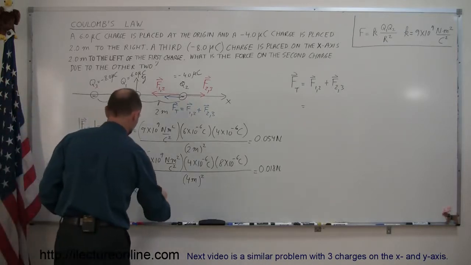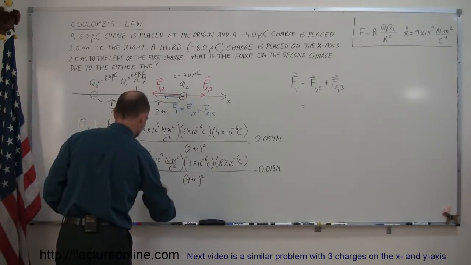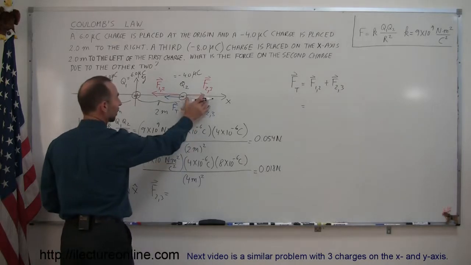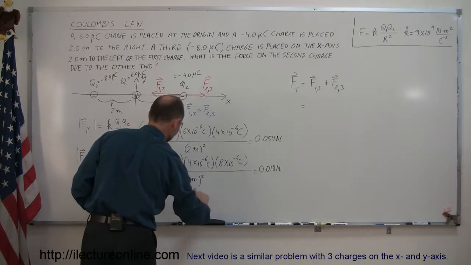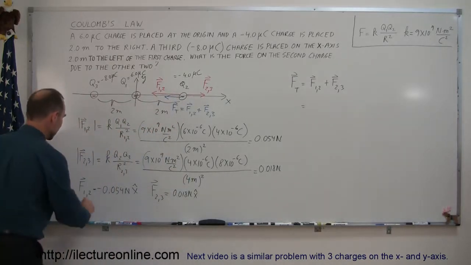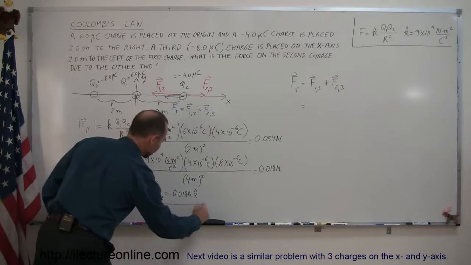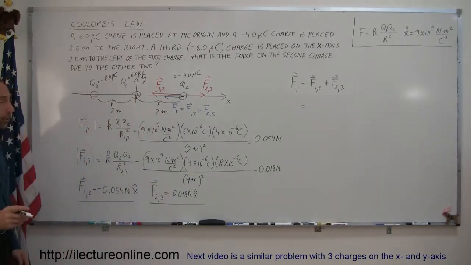And for F23, we can see that it's directed to the right, so it's a positive 0.018 newtons in the x direction. So remember that we want to make sure that we indicate the direction when we replace what those vectors are equal to.